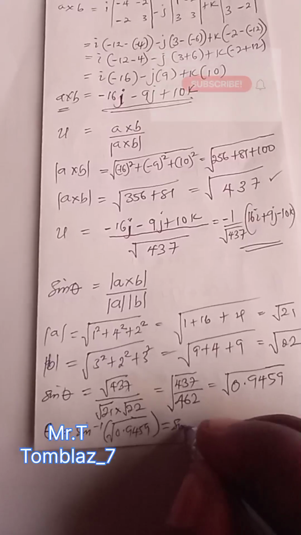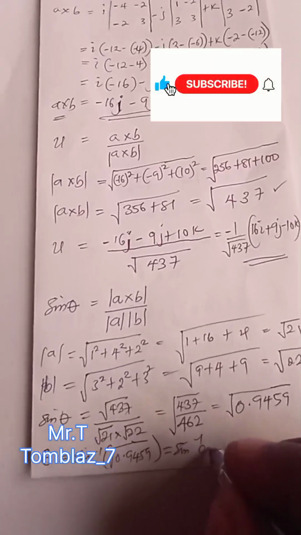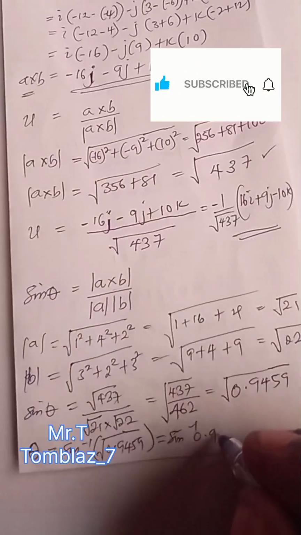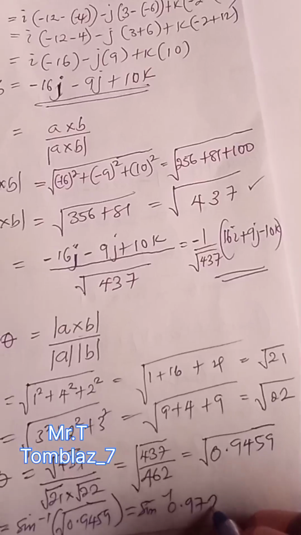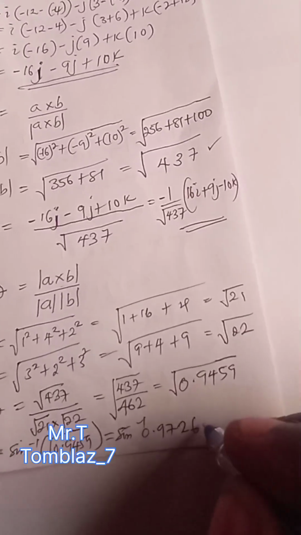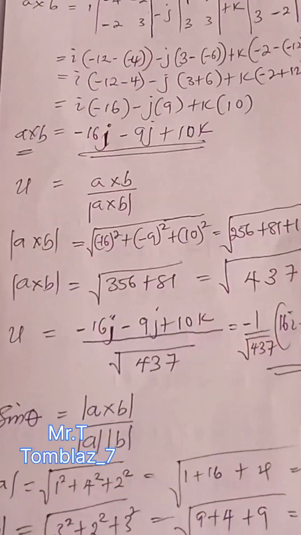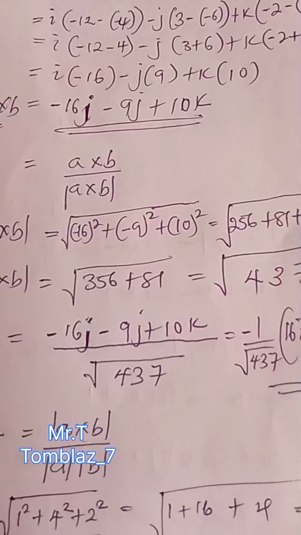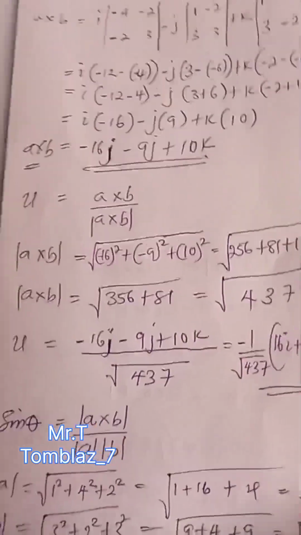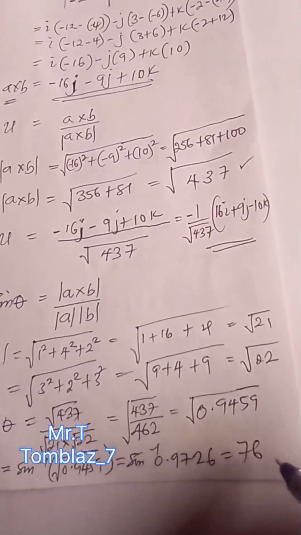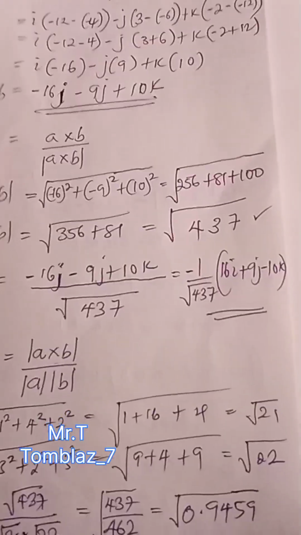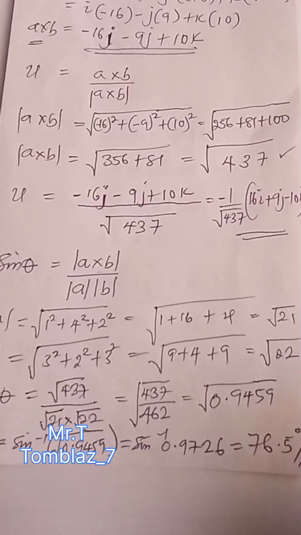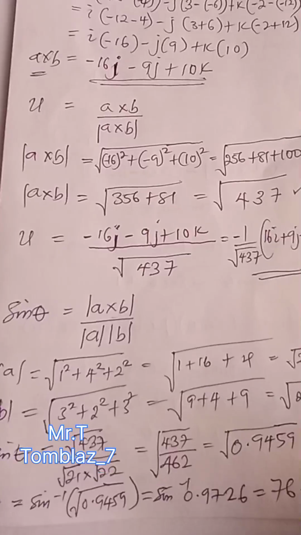So we have sine inverse of 0.9726. So let's look for sine inverse of that value. So we have 76.5 degrees. So if we go further to look for the angle, this is what we're going to get.